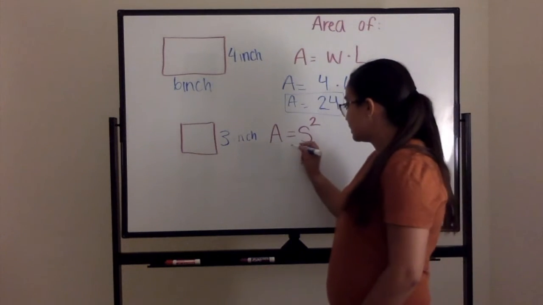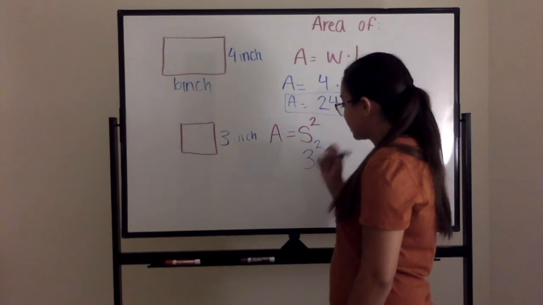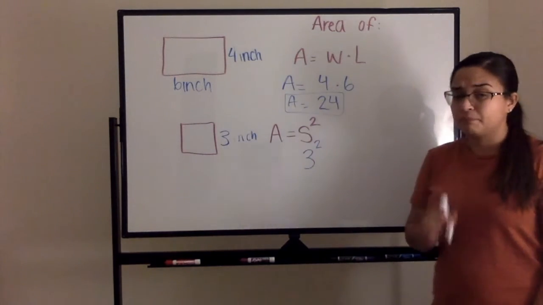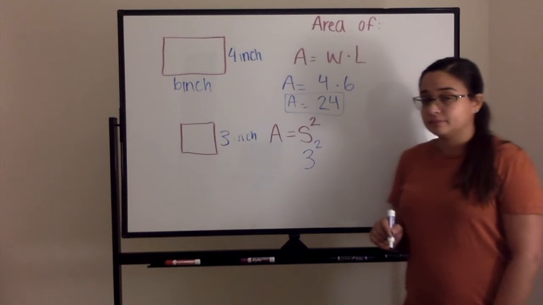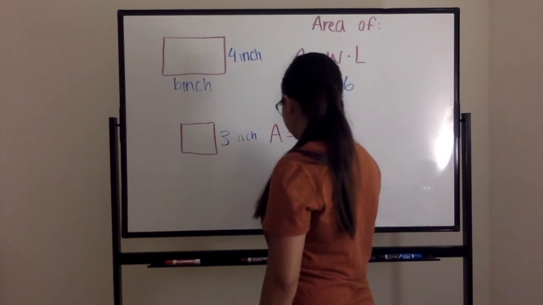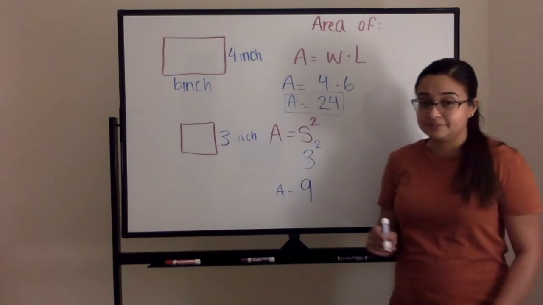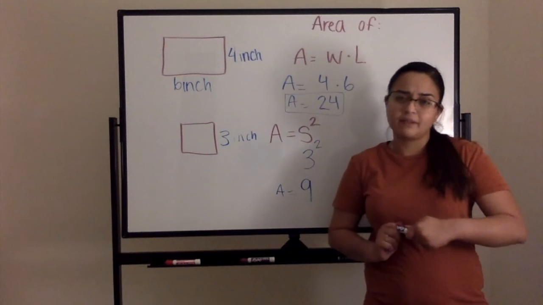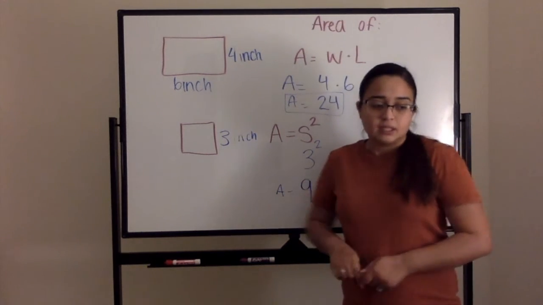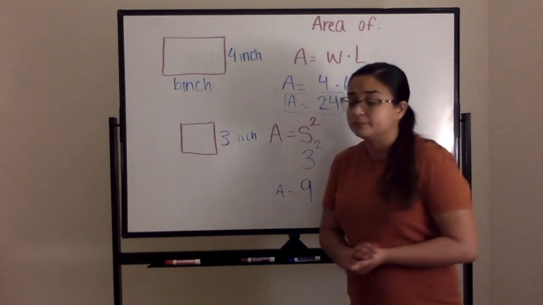So I'm going to plug in 3 for S. So 3 squared. 3 times 3 is equal to 9. So the area is 9. Very well. That's pretty straightforward.